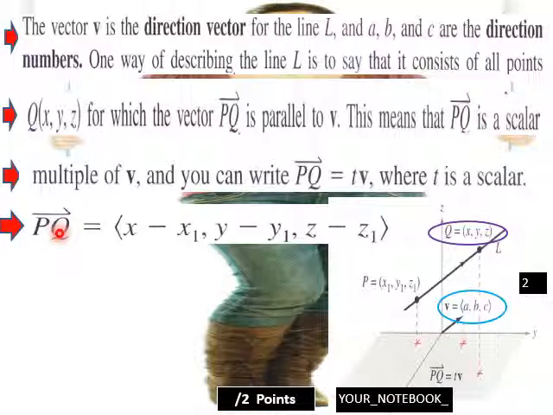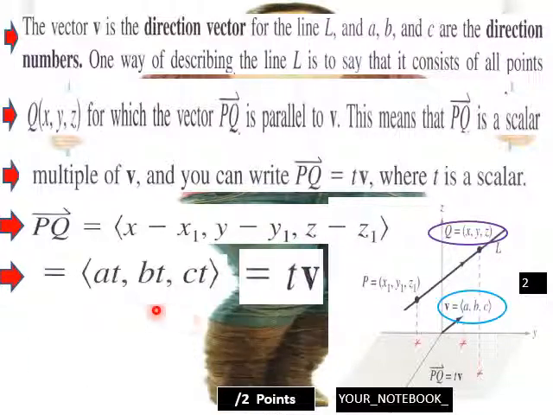So we have X minus X1, Y minus Y1, Z minus Z1, and then AT, BT, and CT equals TV.